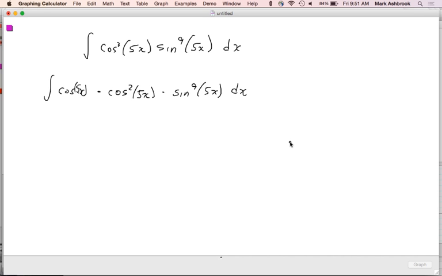If I isolate a cosine, I'm thinking, okay, that's going to be my derivative of my interior function for undoing the chain rule. So that means I want to write the whole rest of the integrand in terms of sines. So that's fine. I just got to rewrite that in terms of sine, which is what? 1 minus sine squared.